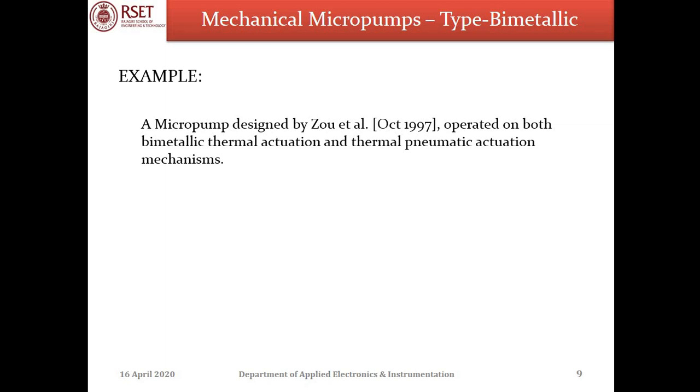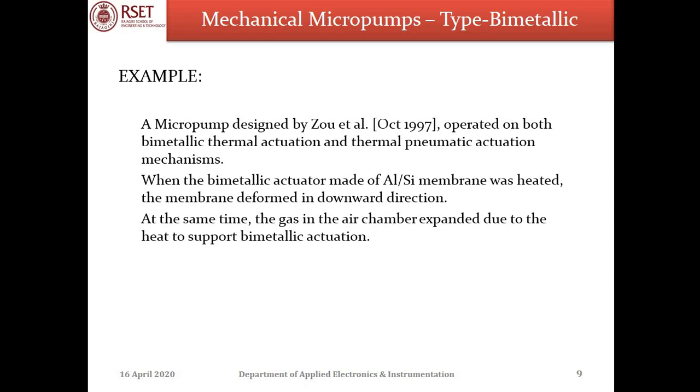So the same theory behind the bimetallic sensor is applicable here in the bimetallic micropump, and hence micropumping can be achieved. One example of a bimetallic thermal actuation and thermopneumatic actuation mechanism is a bimetallic actuator made of an aluminum silicon membrane, which when heated deforms in a downward direction.